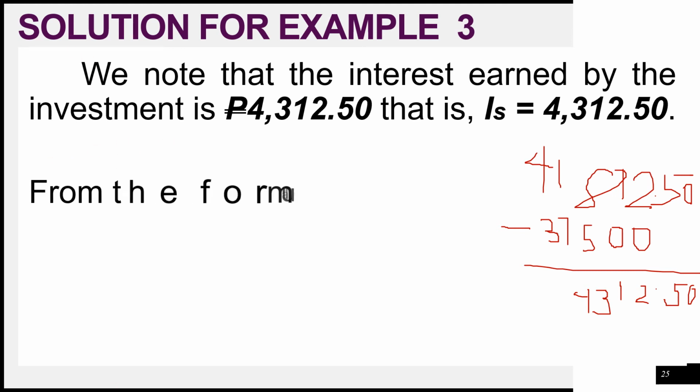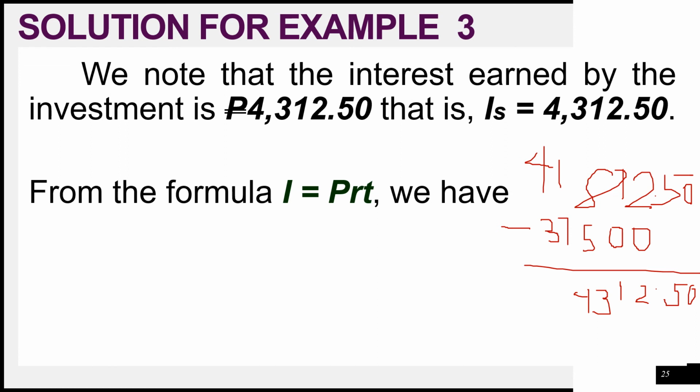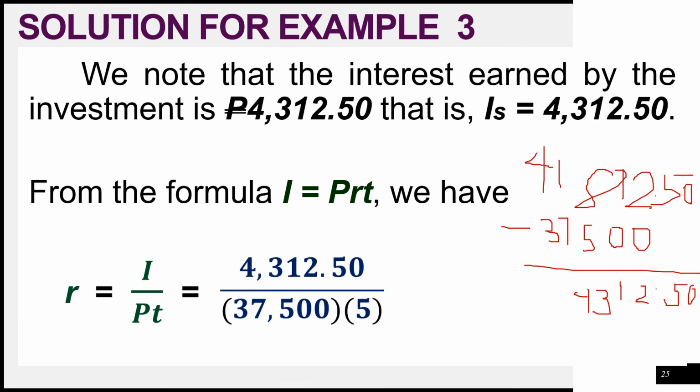Now, given this data, we can use the formula I equals PRT. Then we have R equals I divided by PT. Since we are asked for the simple interest rate, using the values of I, P, and T, we substitute. I is 4,312 pesos and 50 cents divided by P, which is 37,500, times the T, which is 5.